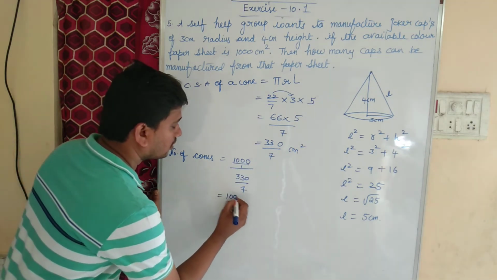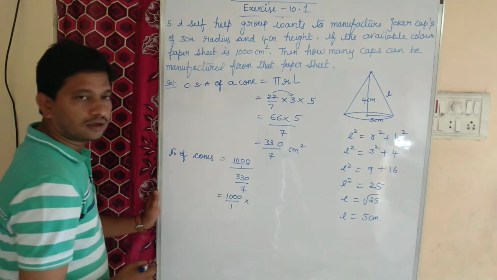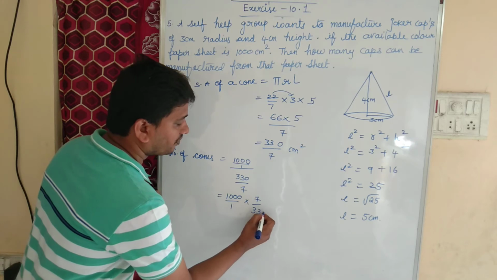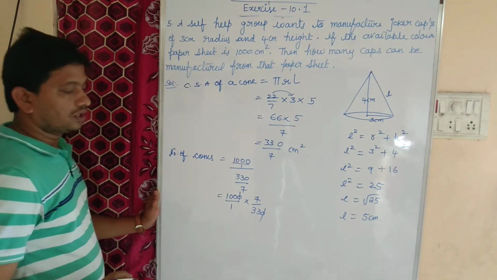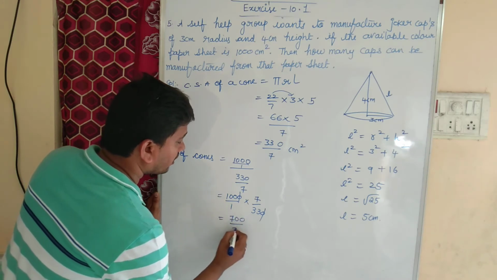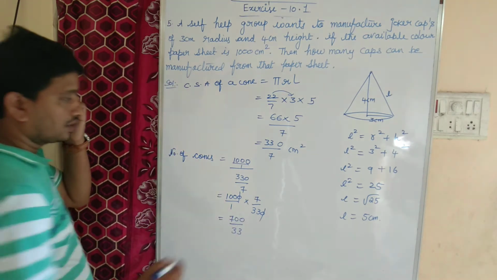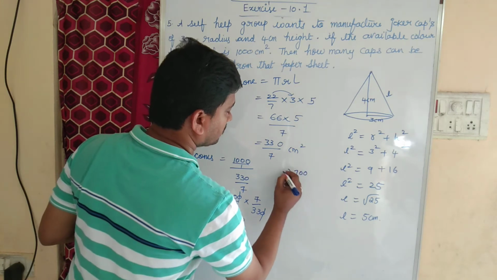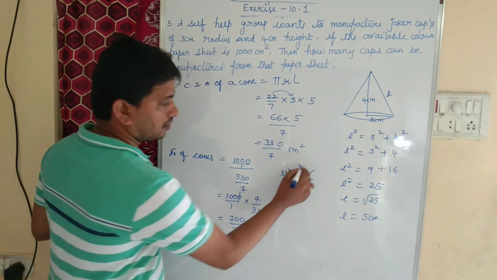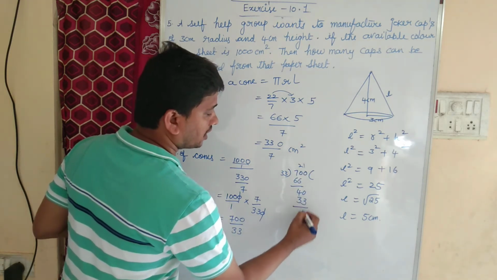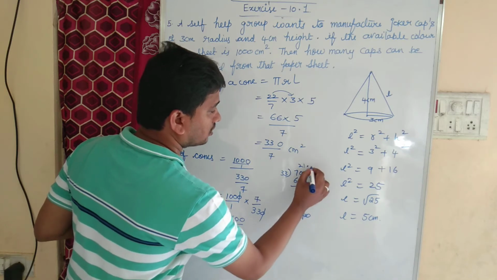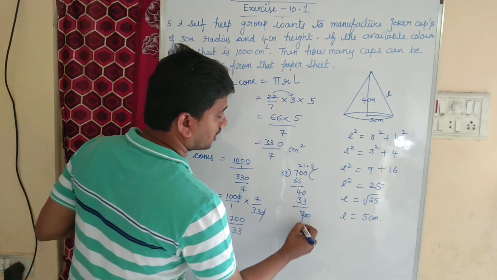So 1000 divided by 330 by 7, with the reciprocal it becomes 1000 into 7 by 330. 0, 0 cancel, right? 100 into 7, 700 divided by 33. So 700 divided by 33: 2 times 33 is 66, and 10 minus 3 is 7, then 0, again 2 times 33 is 66.